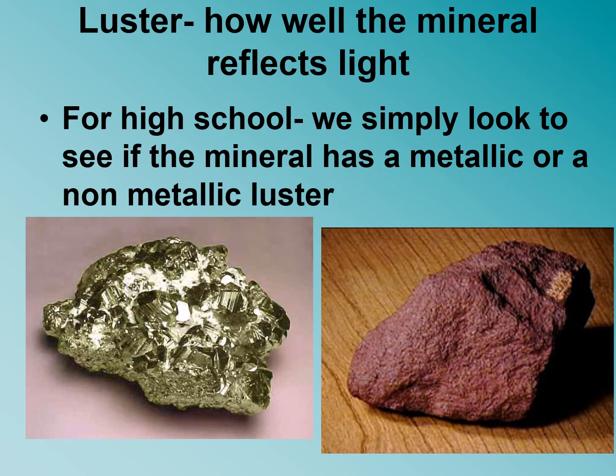And by metallic, I mean it looks like metal. If you saw it from across the room and you weren't sure what it was, you would think, oh, there's a lump of metal. It's very shiny. It reflects light very well. The non-metallic ones don't. They look like a rock. So these are the only two types of luster that we use, metallic and non-metallic.